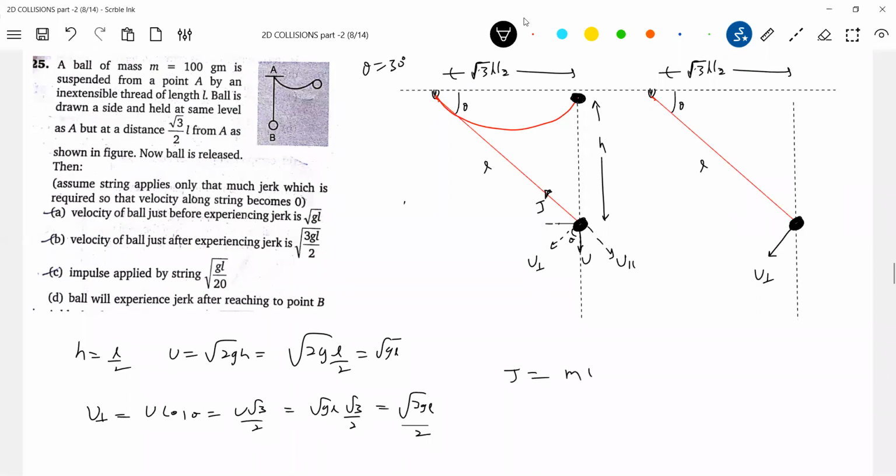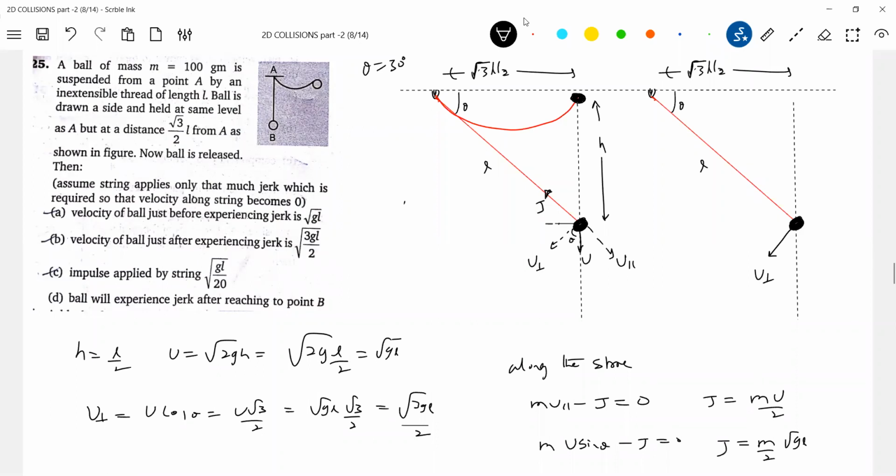So that impulse should be equal to m u parallel, along the string. m u parallel minus J equals this much. So m u parallel should be equal to m u sine theta. U is root gL. If you substitute the mass of the bob, then look at that value.